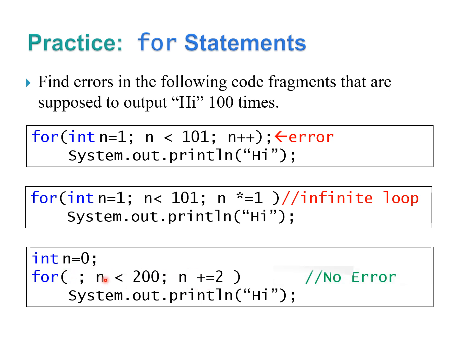There's no syntax error, no logic error, because it starts n with 0, and it only increases n by 2, and so it would print out hi for the value of n equal to 0, and then 2, then 4, etc. So there are 100 values of n that are even and between 0 and less than 200. So this code fragment doesn't have any error.